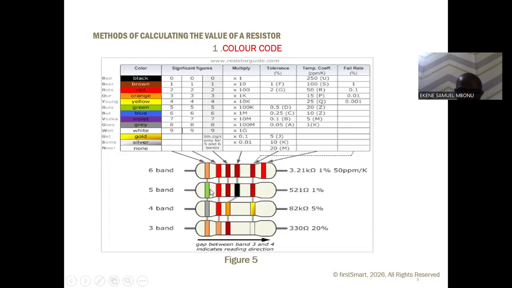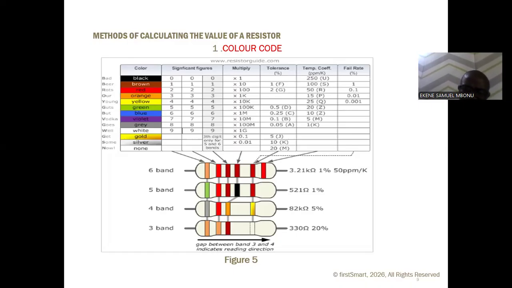This is 5 bands. Have you seen a 5-band resistor before? Ben, have you seen a 5-band resistor before? No, sir. Okay, Prof will show you when you get to the lab.